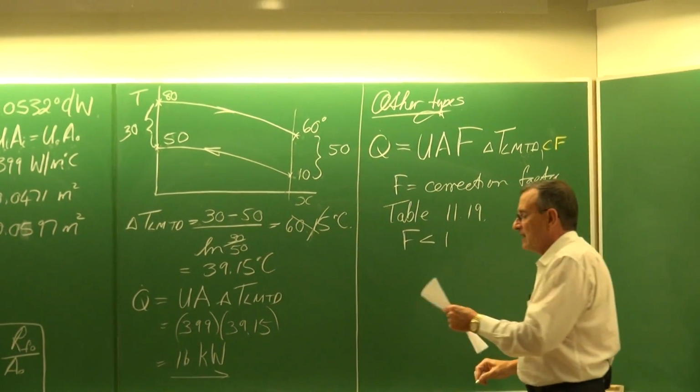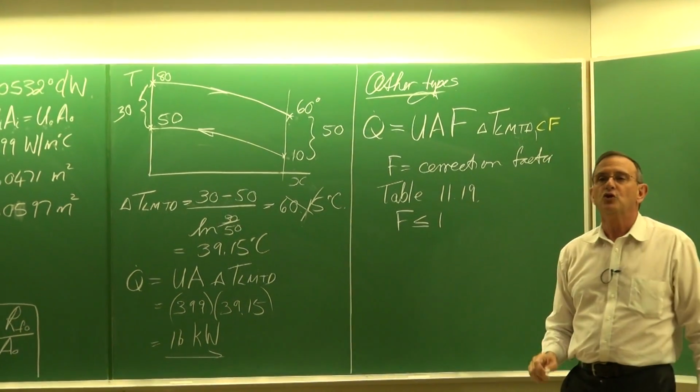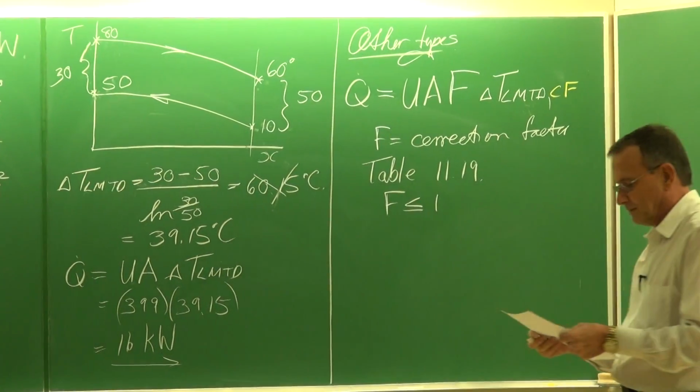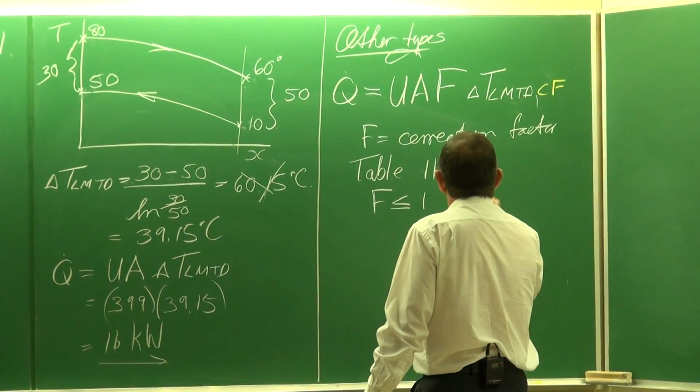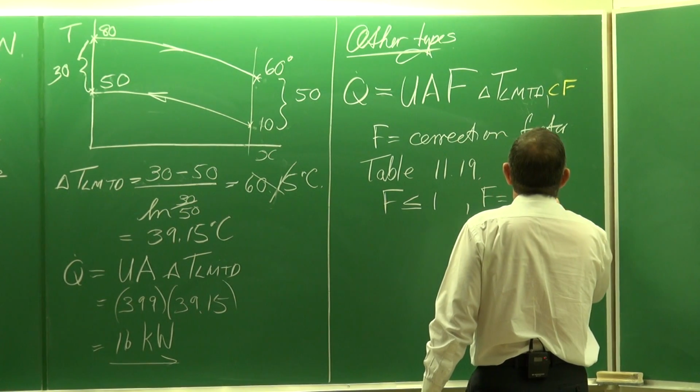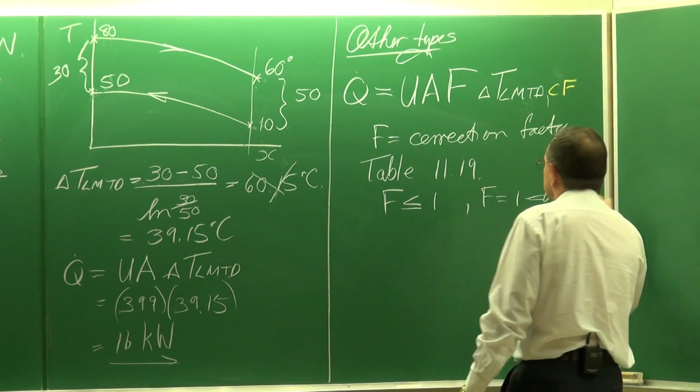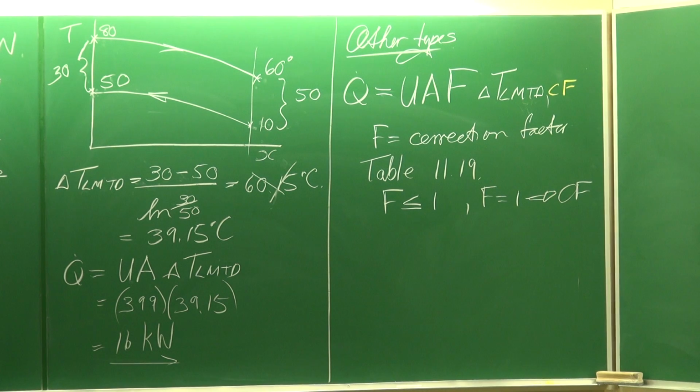So what you will see is normally that F is smaller or equal to 1. Okay. And F is equal to 1 for counterflow heat exchanger. For counterflow heat exchanger, it's equal to 1.